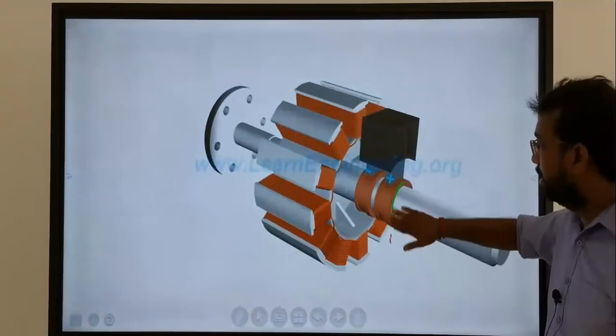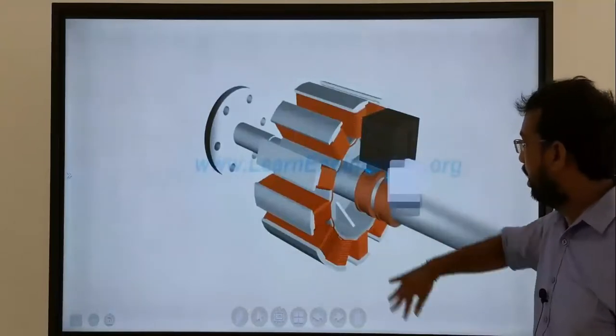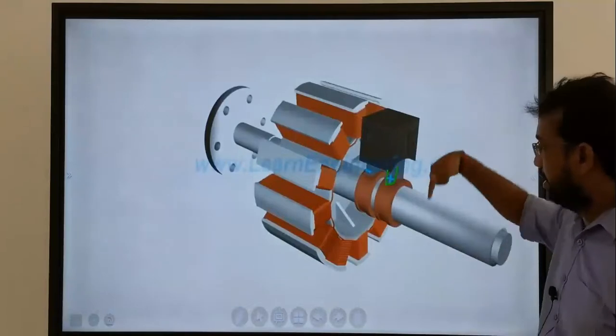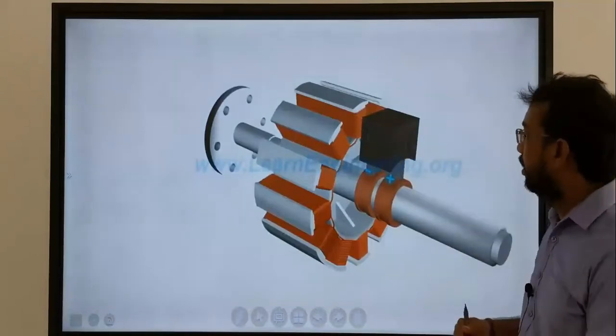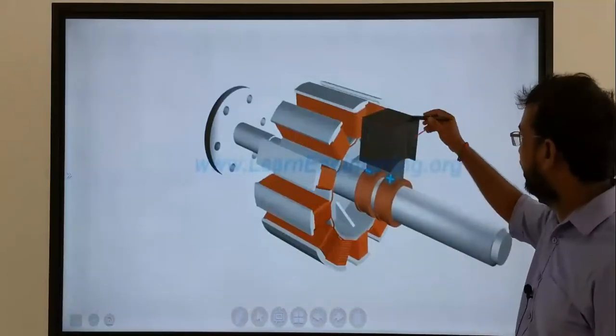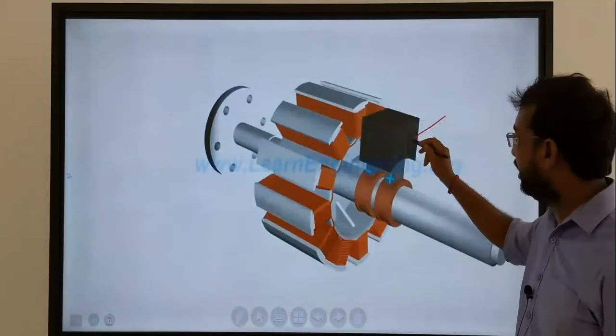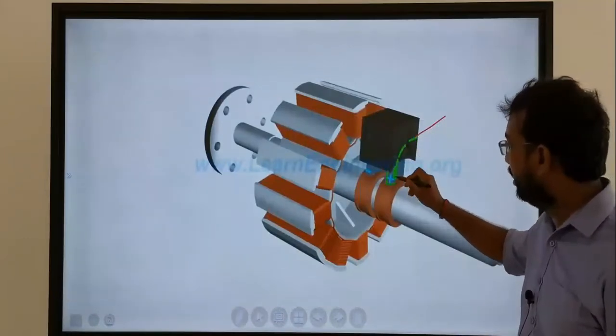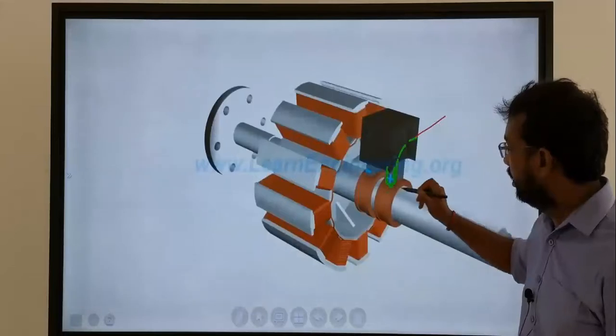The slip rings, and the brush here, this part is like a flexible switch. So the main connection is given to this brush. The brush conducts the electricity by touching these slip rings.